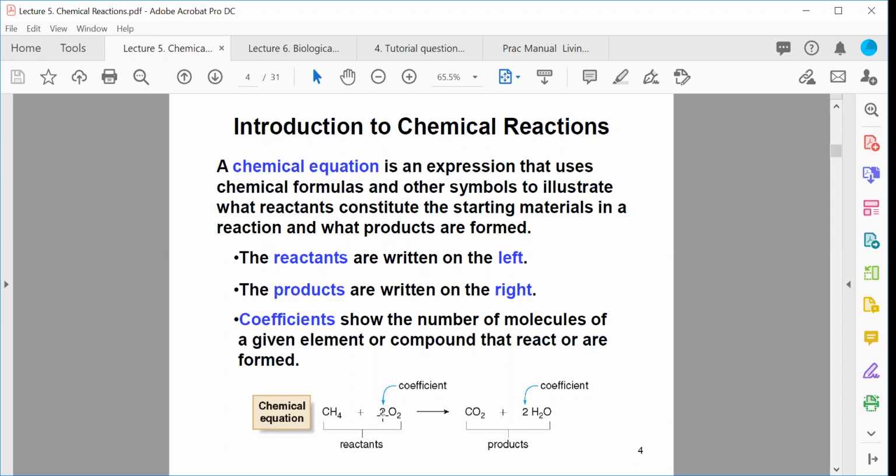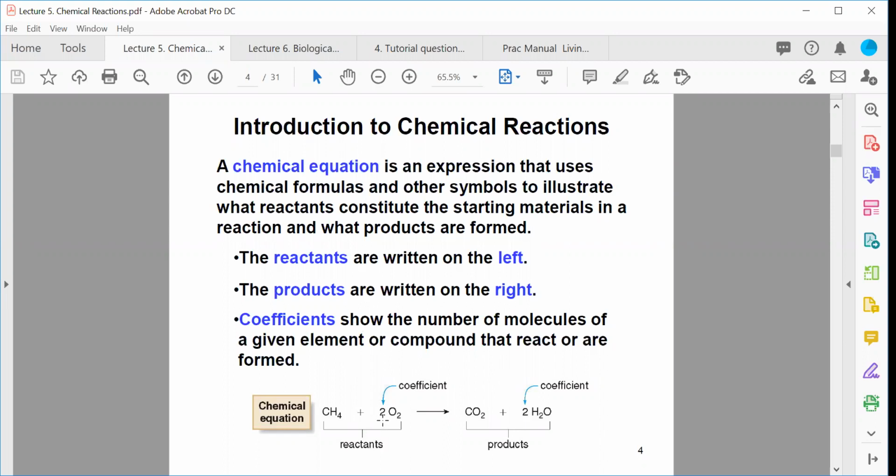Now, what you might not have seen in previous lectures is the use of these coefficients. So this number that's placed before the actual molecule itself, so number 2 there, and there's another coefficient there. So a coefficient simply shows the number of molecules of a given element or a given compound or a given molecule that react or are formed as products. So let's just make this clear.